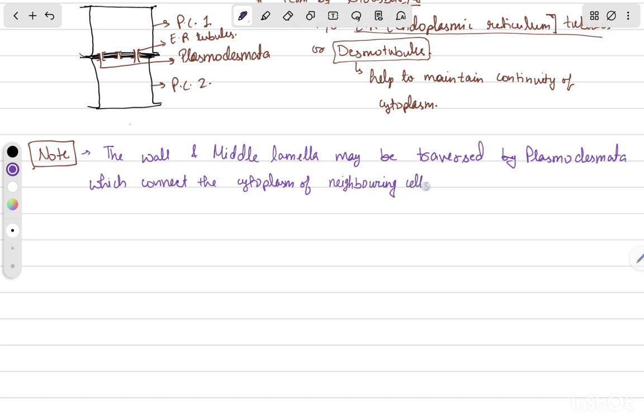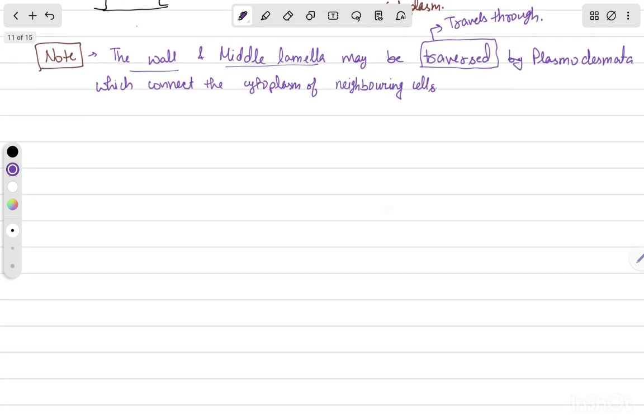Now, what do you understand by traversed? Traverse means which travels through, right? So, cell wall and middle lamella is traversed by plasmodesmata from one cell to the other cell.